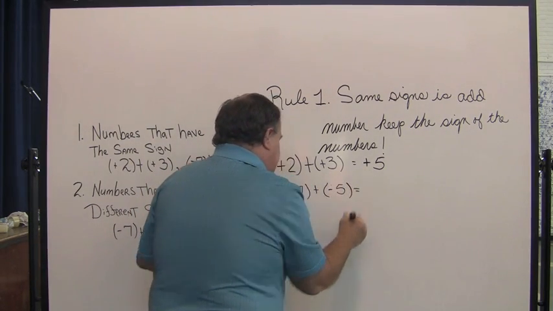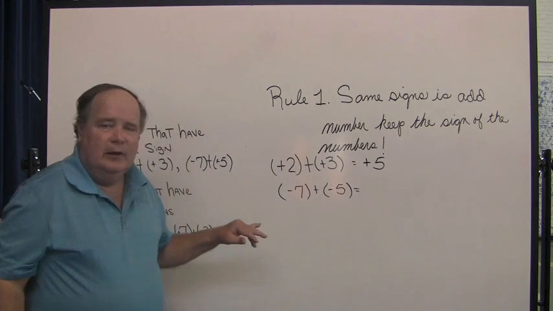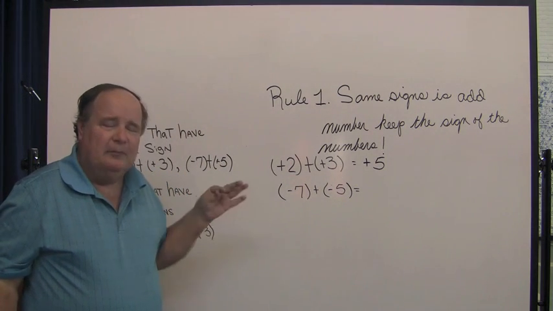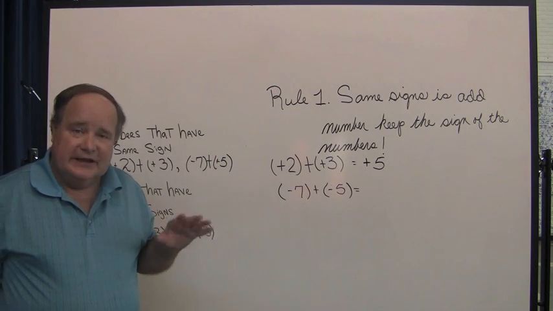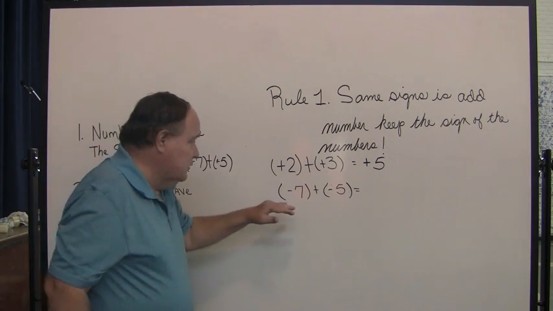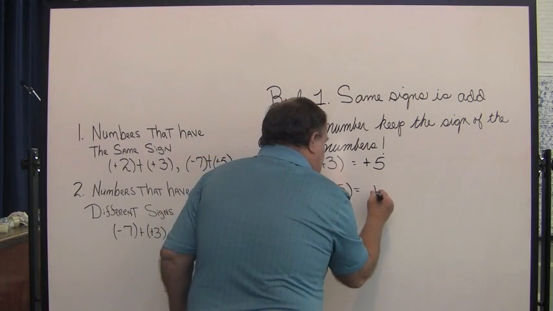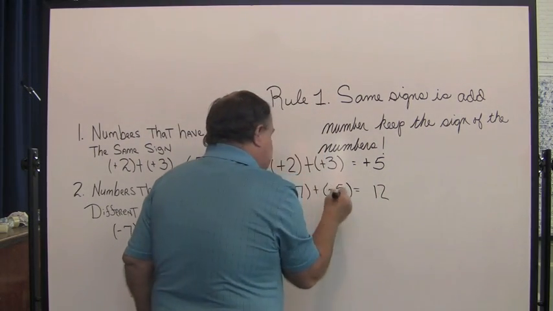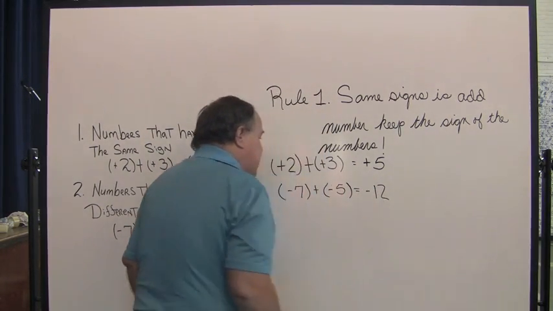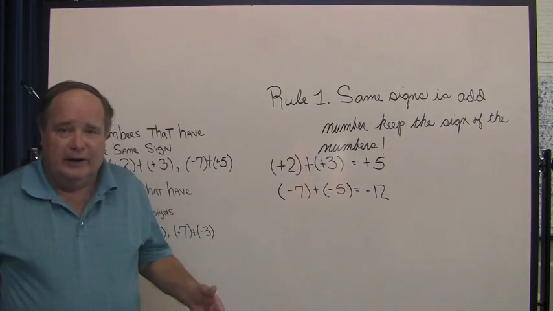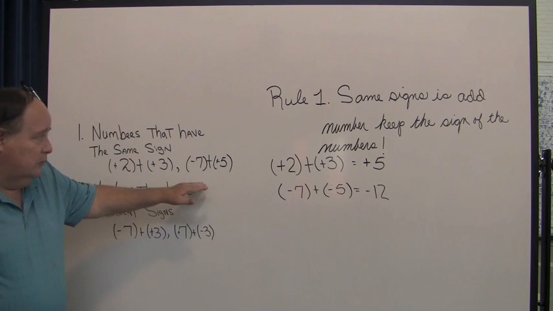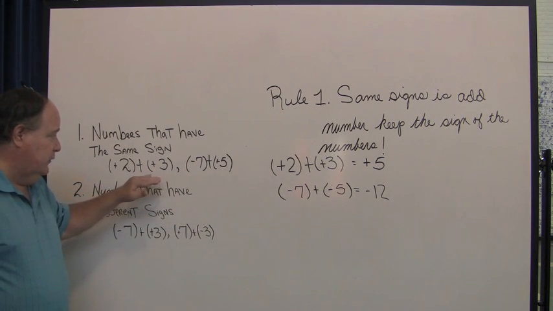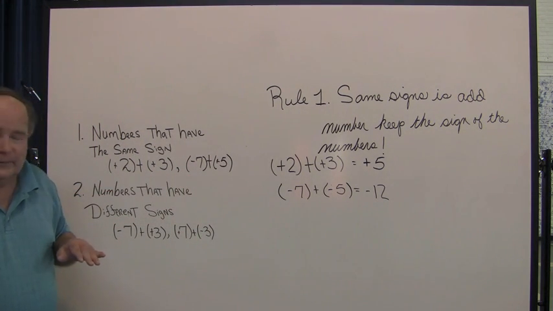They have the same sign, they're negative, and I'm going to temporarily forget about their signs and add them together. 7 plus 5 is 12, and then I go back and look at their signs, and they're negative, so I make it negative. And that works for every single problem here.